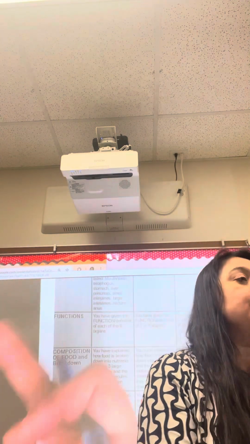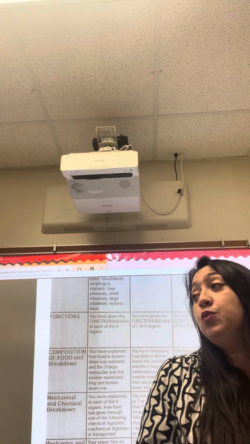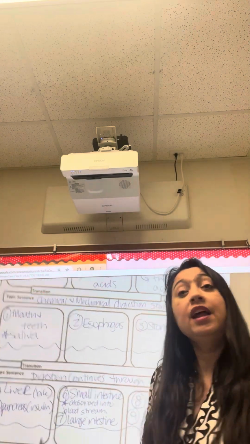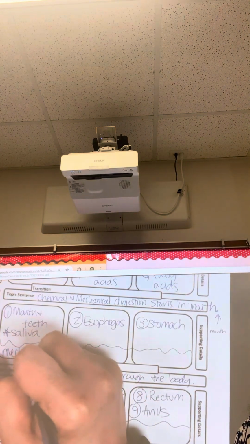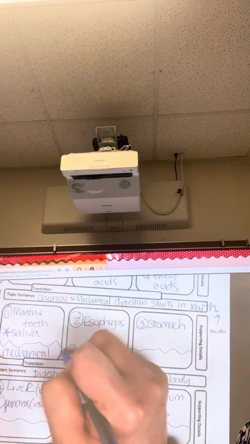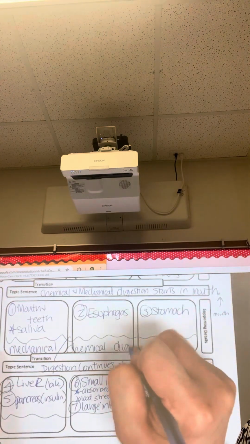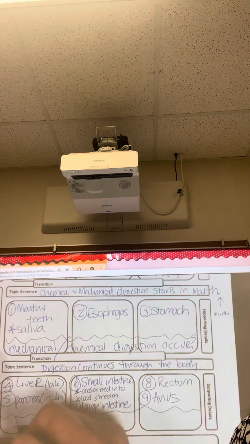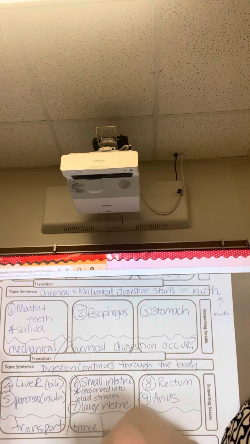Why? Because if you flip the page over, this rubric explains how I grade things. If you just said the food goes here, here, and here, and you didn't tell me about mechanical and chemical digestion, where it occurs, you can also talk about transport or travel, but you need to tell me what happens at each stage.